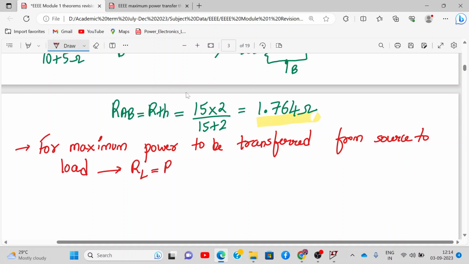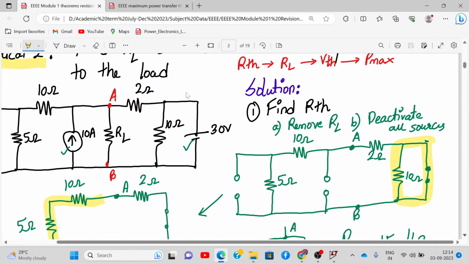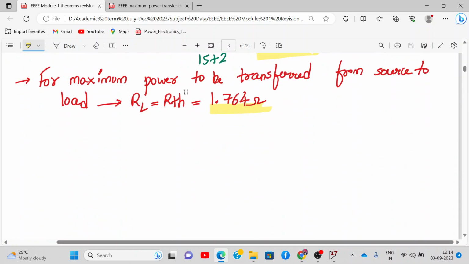RL should be equal to RTH, which is equal to 1.764 ohm. It's mandatory to write this statement, without which, if you write directly RL equal to RTH, you will lose 1 mark. So you have to write the reason why. For maximum power to be transferred from the source to load, RL should be equal to RTH. Alright, ready to move to the next step now? Everyone completed up till here?